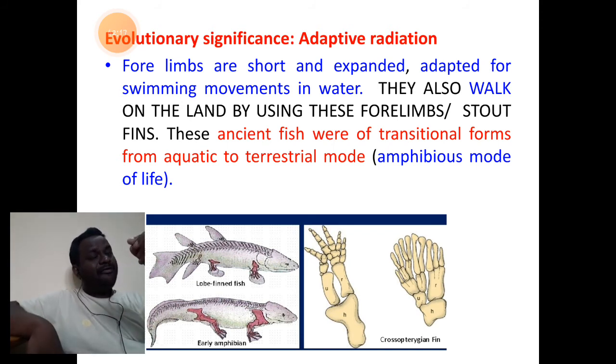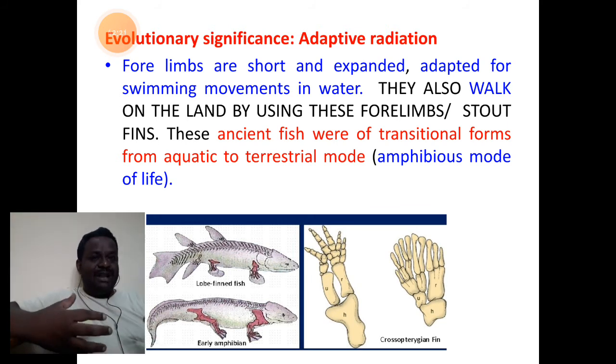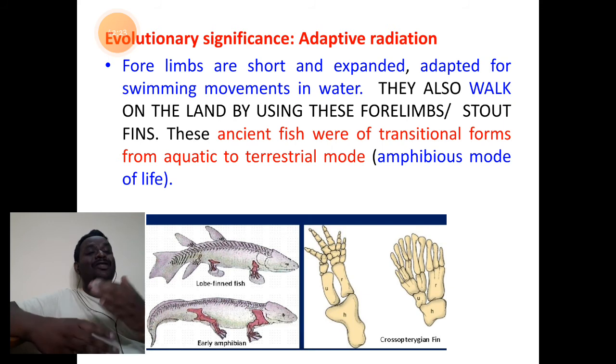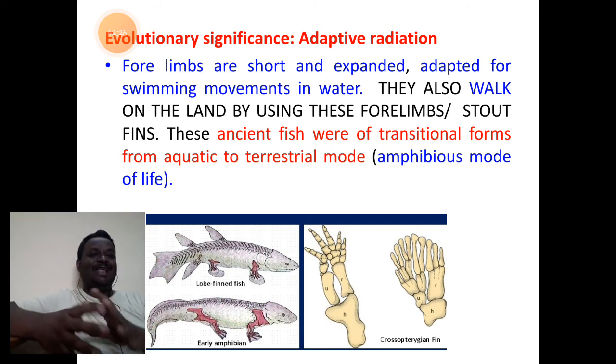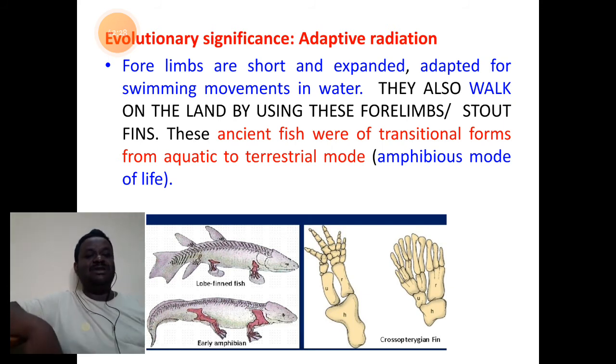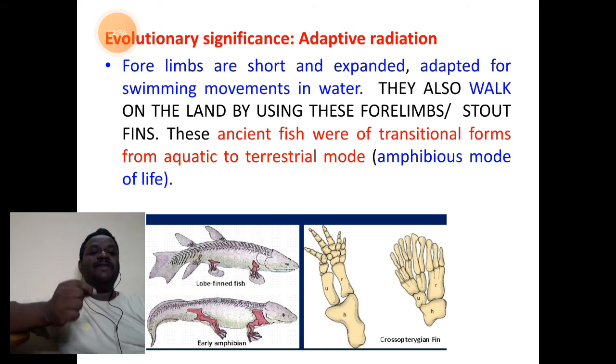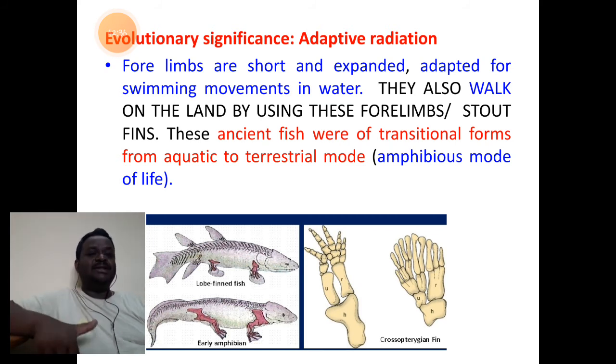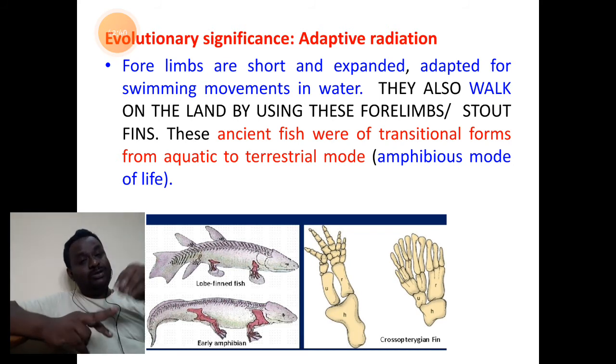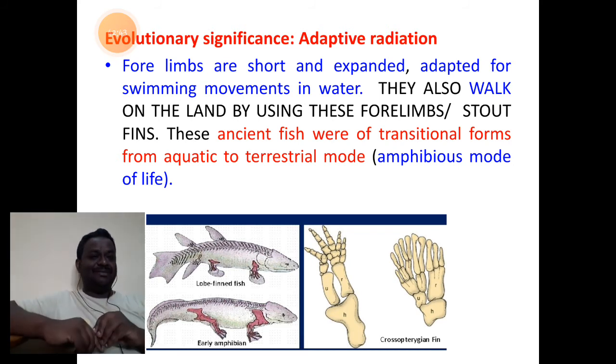These forms of fishes will also use their forelimbs for moving on the land. We call it walking on the land by using these forelimbs. So they have thick fin structures. The ancestral fish of this variety of Crossopterygian lived a life both in water as well as on the land.